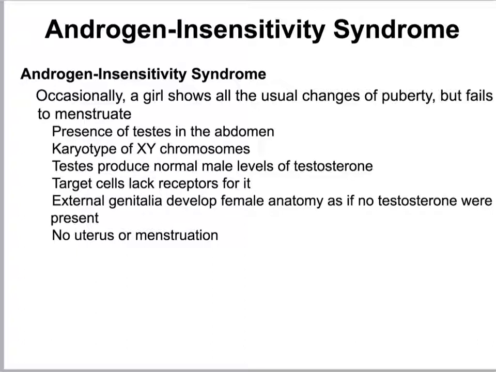All of those changes are due to the interaction of testosterone with receptors on different cell types. And if you have testes, you usually make testosterone. However, there's a certain number of people that have a defect in their testosterone receptor.